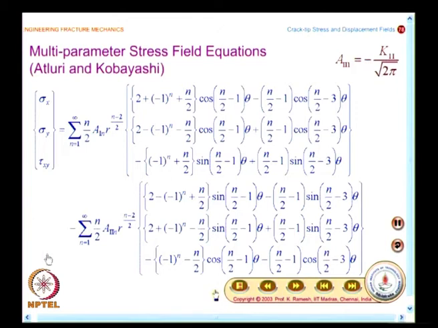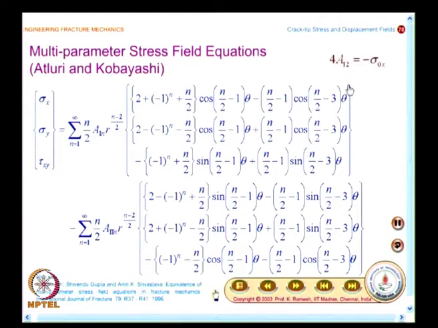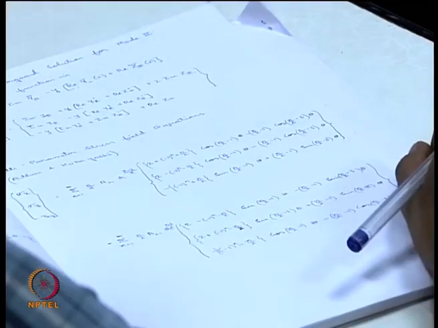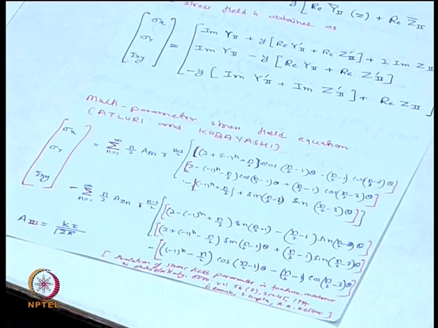This minus and minus becomes plus, that is how it is written. So, if I know the coefficients as part of the solution, I can find out k2 and k1. The second term in the sigma x series is related to sigma naught x in this fashion: 4 A12 equals minus sigma naught x. And we would see the utility of these expressions.